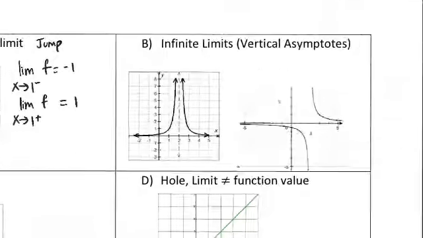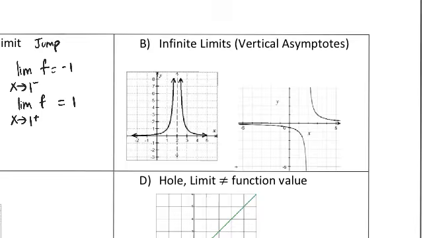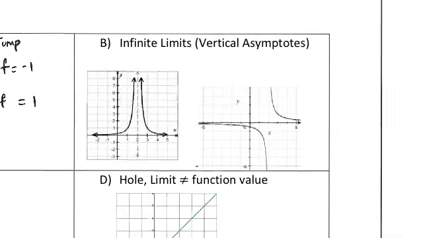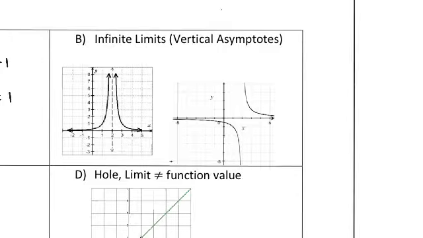A vertical asymptote, we talked a lot about that in our last class. Remember, the definition of a vertical asymptote is simply that the limit of the function as x approaches, in this case 2, in both of these graphs, from the right or from the left, is infinite. So this is in the first graph.